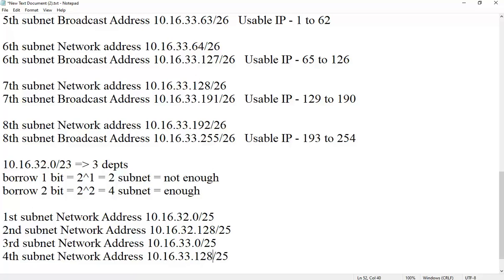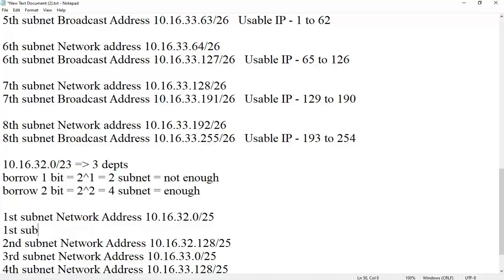So this will be the network address for all the 4 different subnet groups, and it will be the first address of the group. Similar to how I calculate the broadcast address, the first subnet broadcast address will be 10.16.32.127/25.